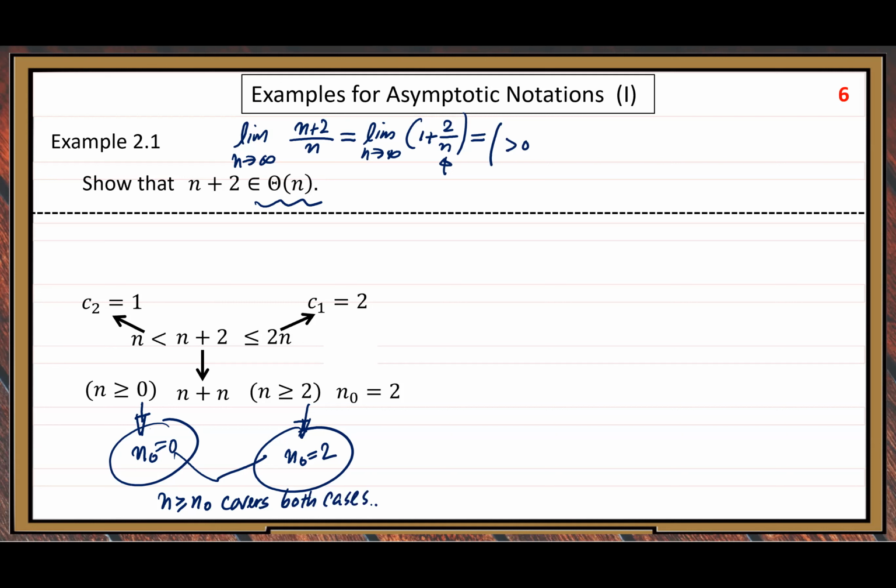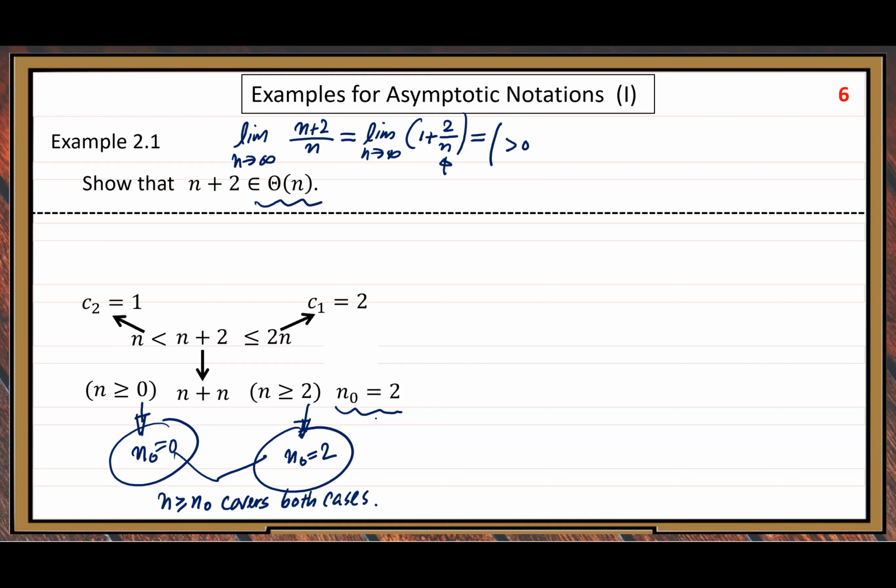So we should choose the larger n0, not the smaller n0 value, because if n is greater or equal to the larger one, definitely it is greater or equal to the smaller one, right?